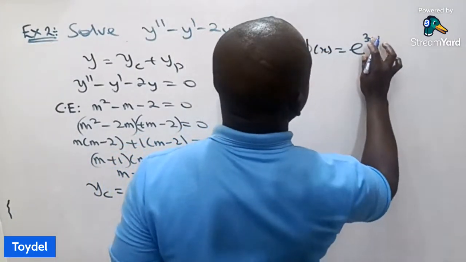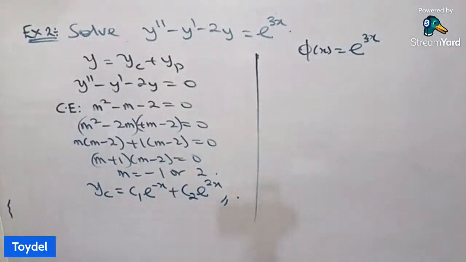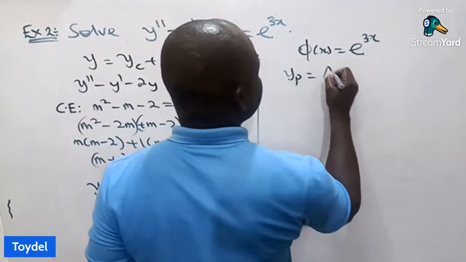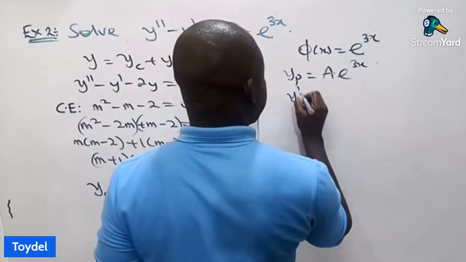So if you check the video on the introduction to method of undetermined coefficients, you realize that when we have the right hand side to be exponential, then yp will be a exponential 3x.